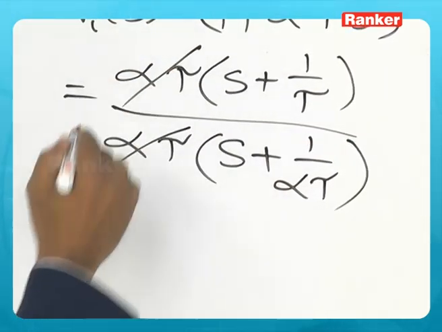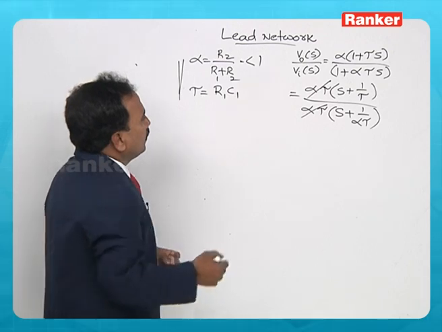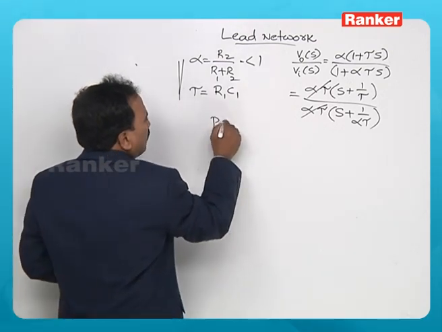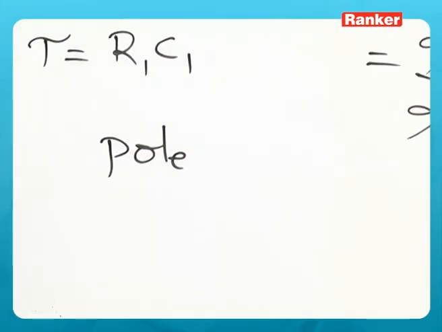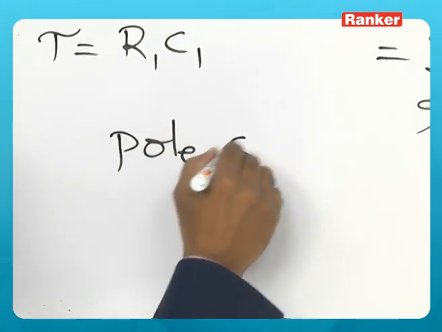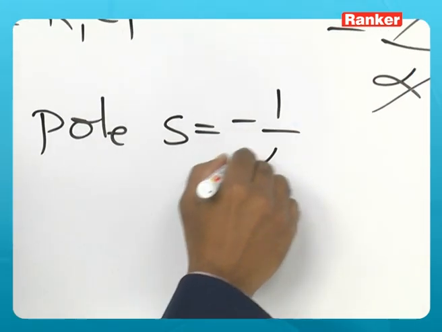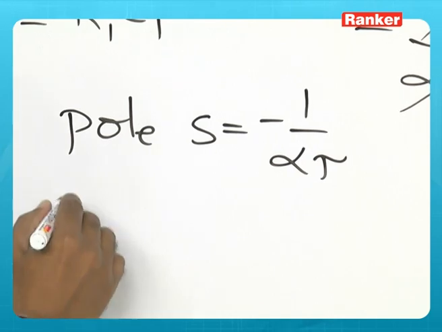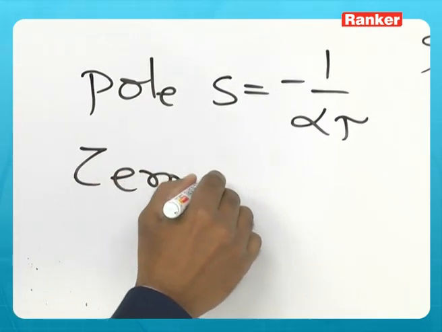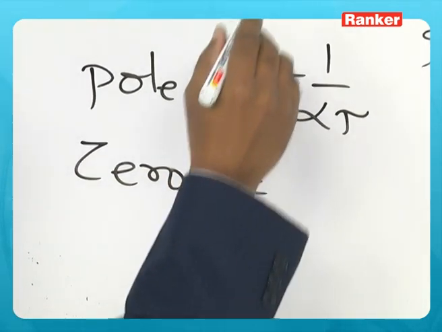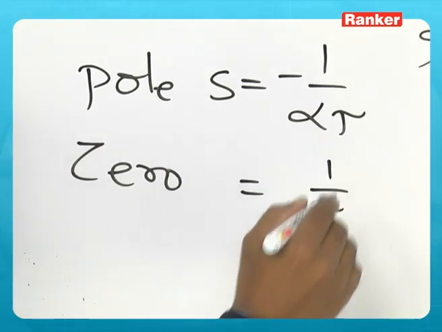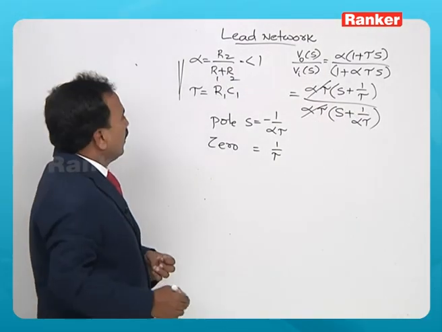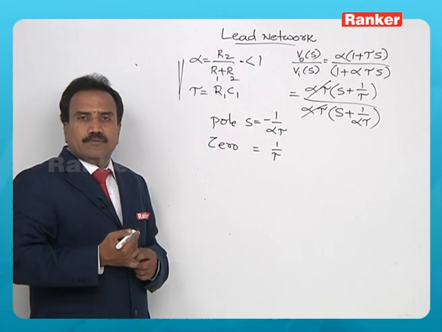So these two get cancelled. Now, there is a pole created by the lead network at s equal to minus 1 by alpha tau, and the zero is located at minus 1 by tau, where alpha is less than 1.